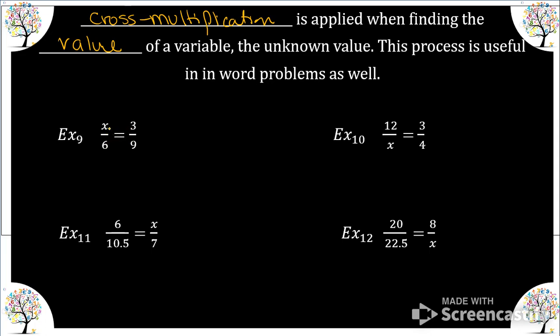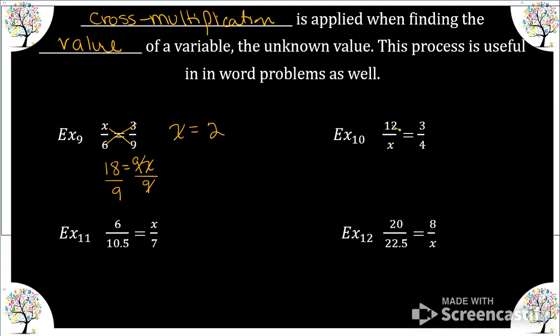So we're going to cross multiply 3 times 9, 3 times 6, x times 9 is 9x, 3 times 6 is 18, and now we have a one-step equation. Divide both sides by 9 to isolate x, and x is 2. So 2 over 6 is equivalent to 3 over 9.